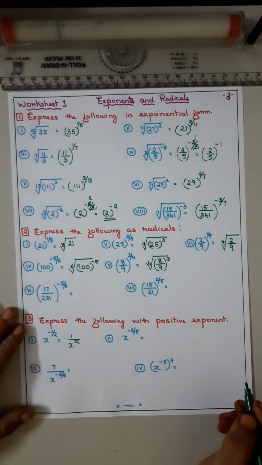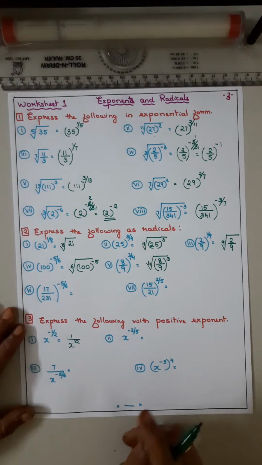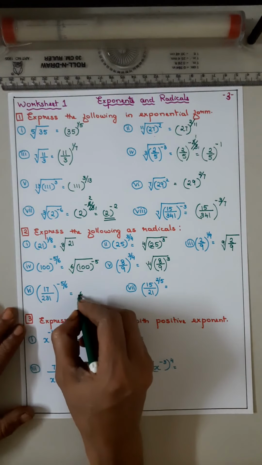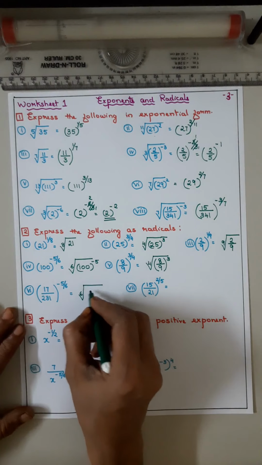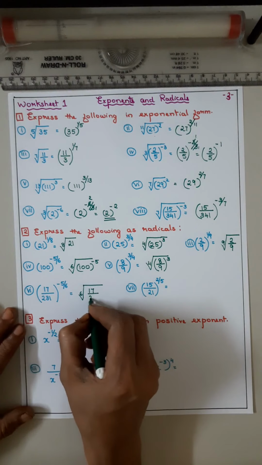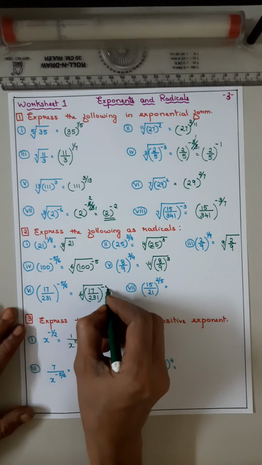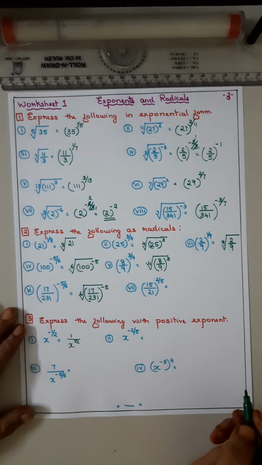Hope everyone is understanding. Now coming to the index 6. The 6th root of 17 by 231, the whole power minus 5.